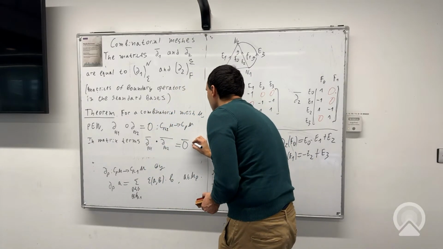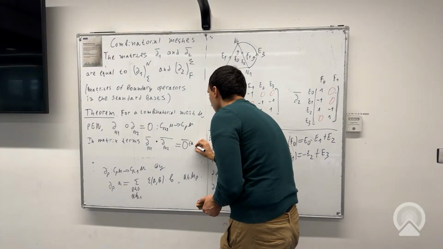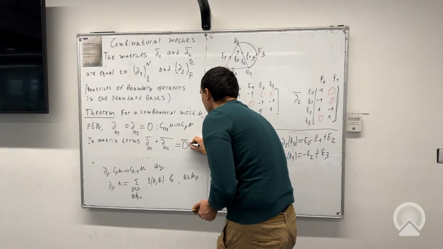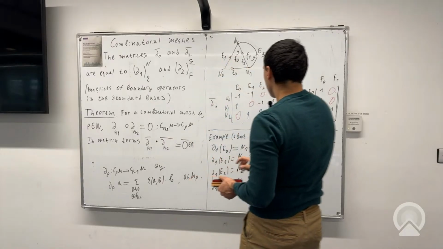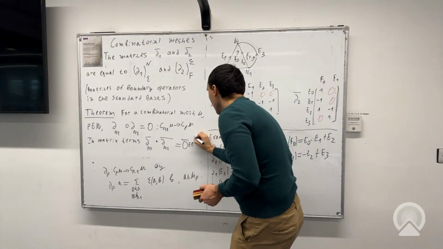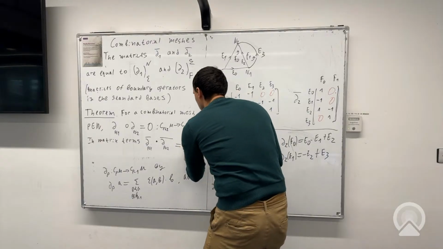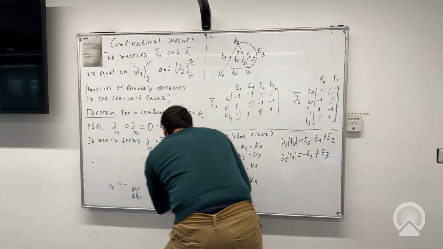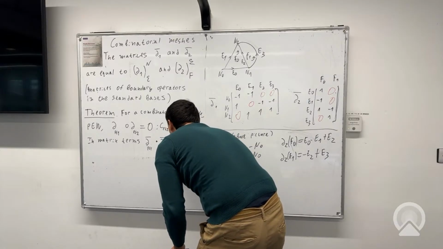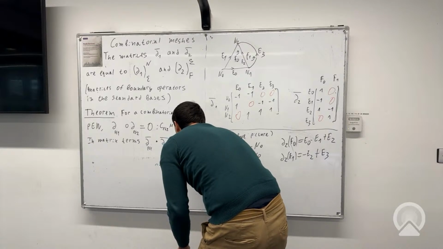So this is a matrix whose rows are P plus 2, so it is a P plus 2 times P matrix.